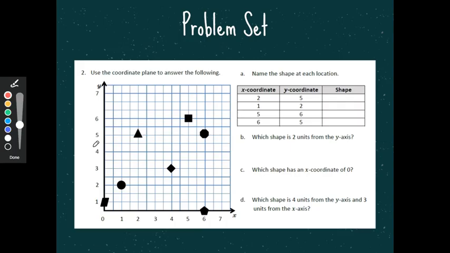This coordinate plane is where we're starting off in our problem set. If you have a problem set, totally fine. If you don't, it's okay. You can attempt to recreate this coordinate plane, but it's not necessary. What I want to draw your focus on is this chart here, because it has our locations broken down into X coordinate, Y coordinate, and shape.